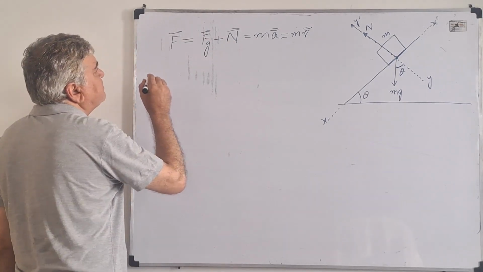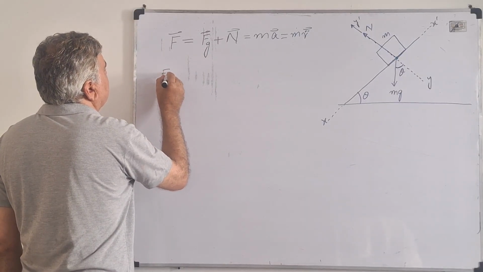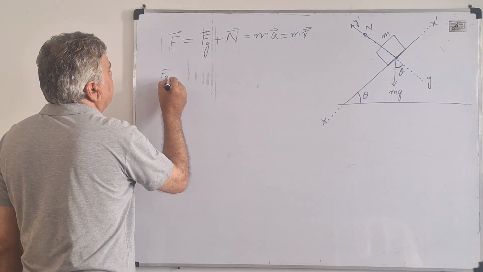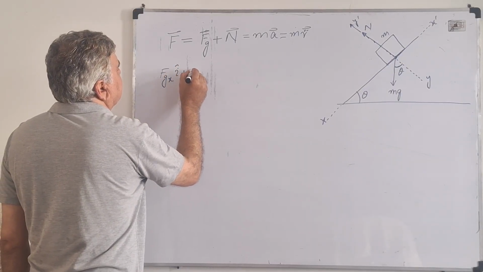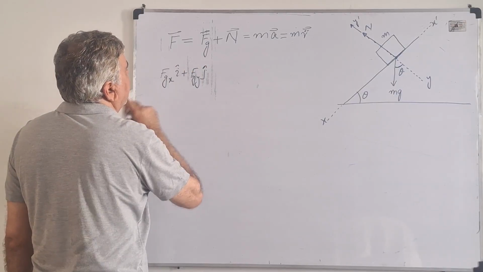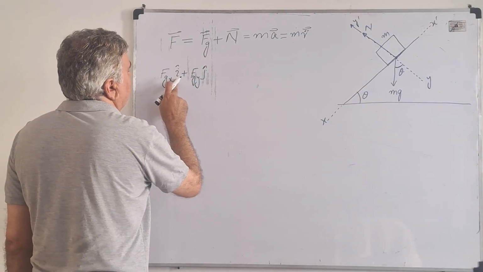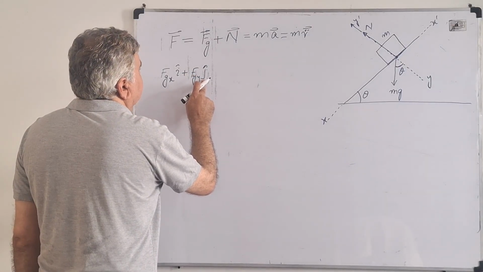And that I do by considering Fgx i plus Fgy j, where i is the unit vector along the x-axis, j is the unit vector along the y-axis.